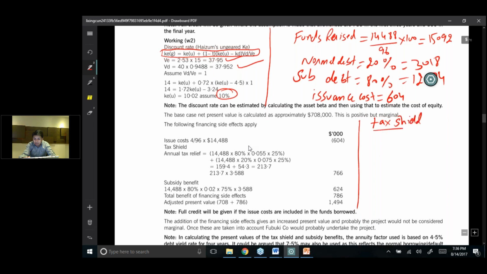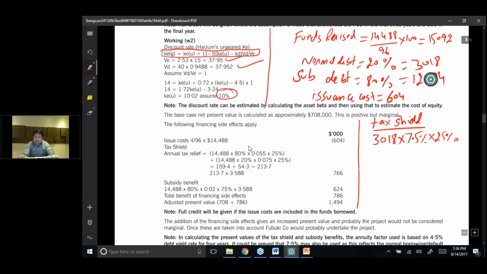The tax shield will be 3018 for normal debt into the risk-free rate plus 3%, 4.5 plus 3%, that is equal to 7.5%, into 25%, and discounted with the annuity factor.